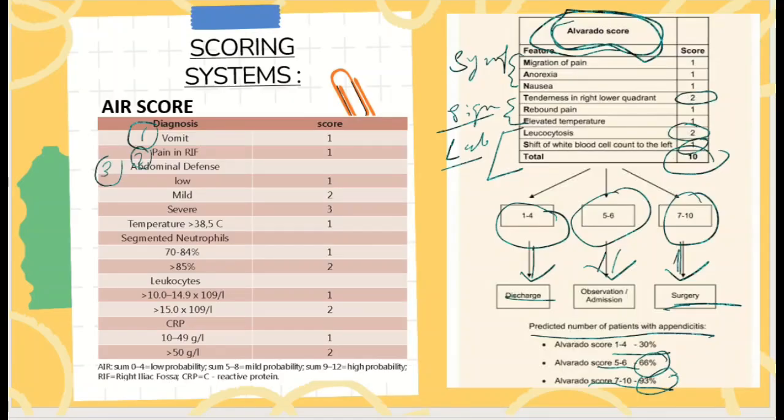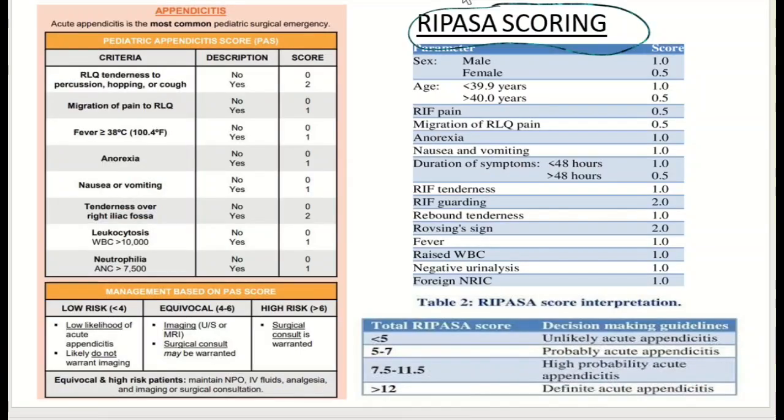Next comes segmented neutrophils, 70 to 84% is 1, more than 85% is 2. Next comes leukocyte count, depending on the number, it is given 1 or 2. Then comes the CRP. CRP less than 49 is 1, more than 50 is score 2. So the sum total, if it is 0 to 4, low probability of appendicitis, 5 to 8 is mild probability, 9 to 12 is high probability.